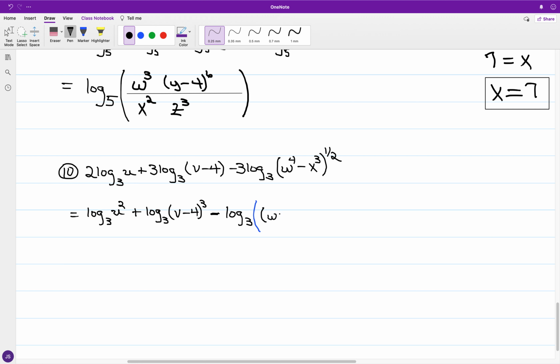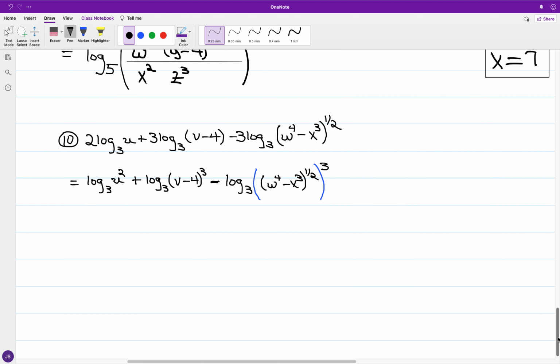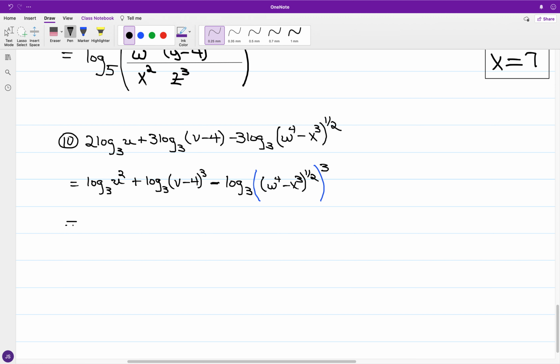So we're going to have the base 3 logarithm of w to the 4th minus x cubed. Again, we have already the 1/2, and with the 3 converted in exponential capacity, this expression is furthermore going to be raised to the 3rd power. So for now, we have the base 3 logarithm of u squared.